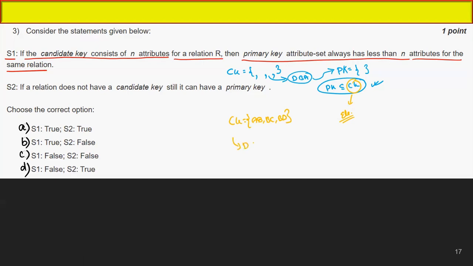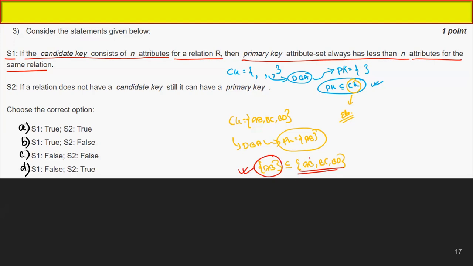Then the database administrator will come and choose the primary key to be AB. Now, AB is a subset of AB, BC, BD. Say yes or no? It is a subset, that is no problem, there is no doubt about that.